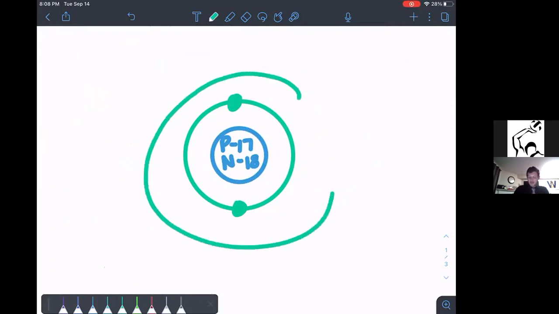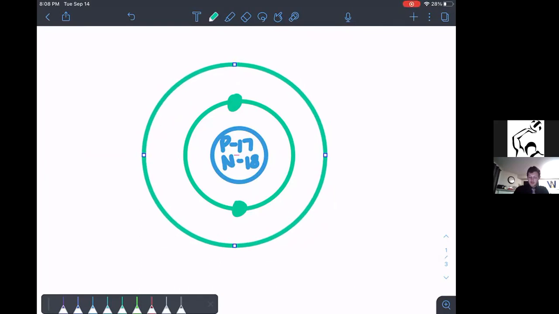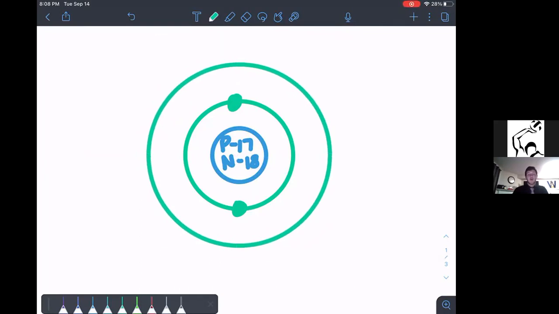And now we got to move to our second ring, our second orbital. In the second orbital, that one can get a total of 8. Remember that we have 8 elements in the second row, which means we can have 8 electrons. So 1, 2, 3, 4, 5, 6, 7, 8.